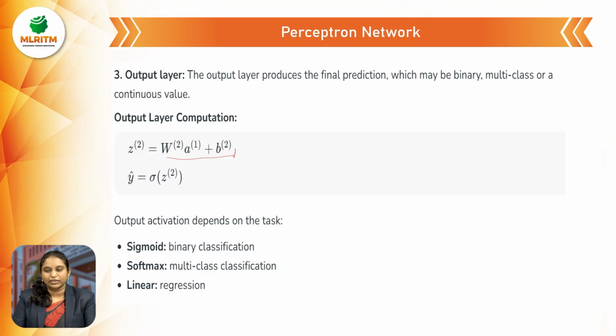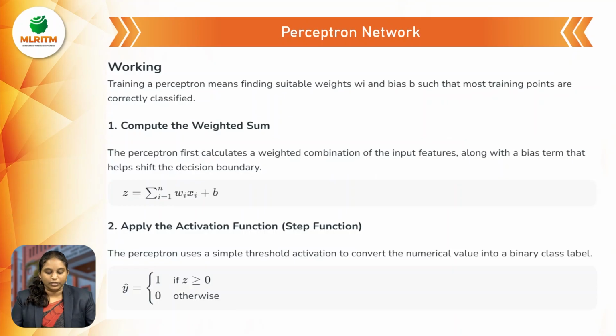If you take the sigmoid, it is going to classify binary. If you take the softmax, it gives the computation for multi-class classification. If you take the linear part, we get regression from this. So this is how we look into the layers.